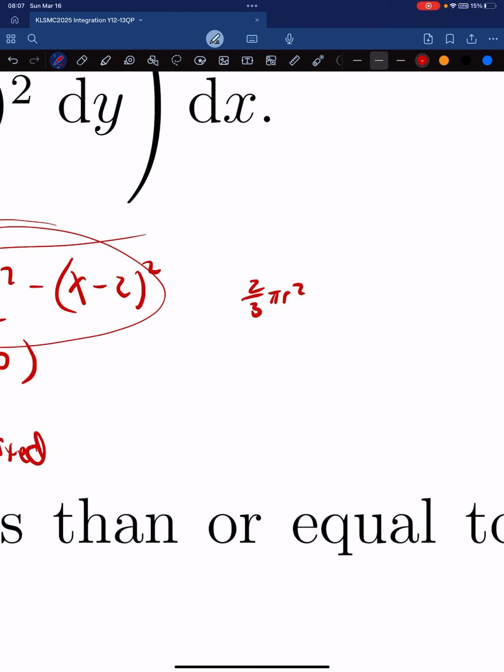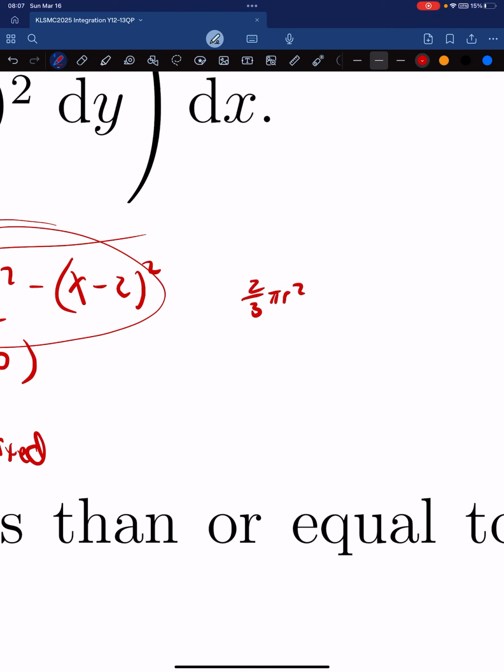So the floor function equals 0 if x plus y must be bounded between 0 and 1, right? For our floor function to be 0.